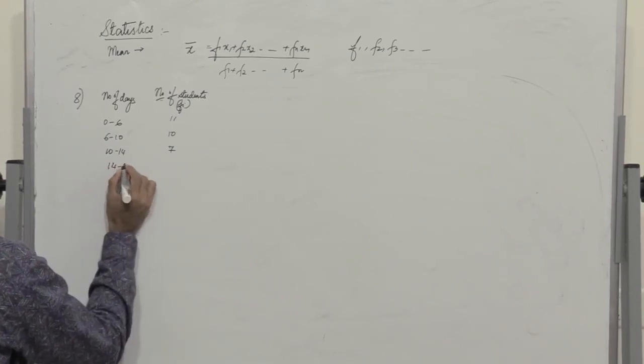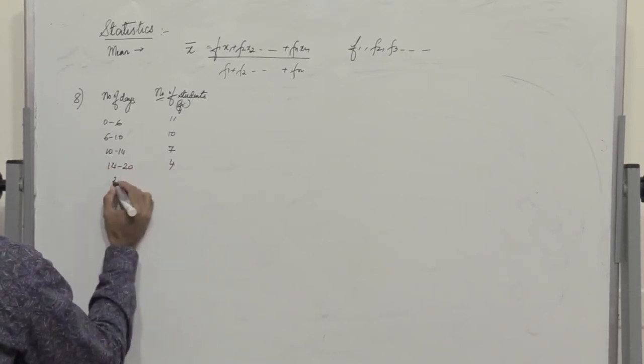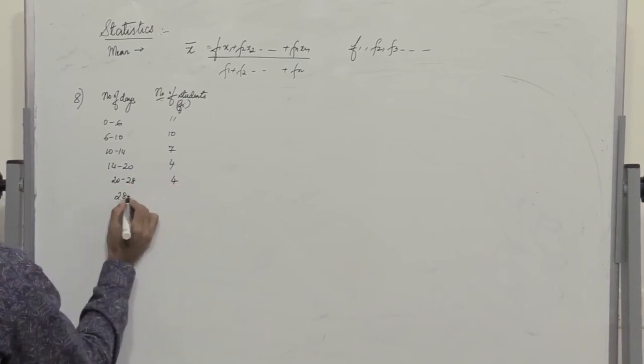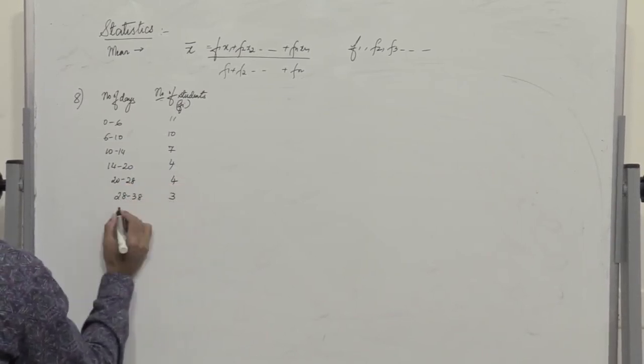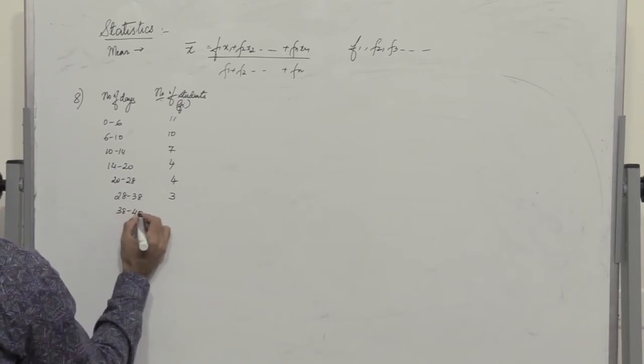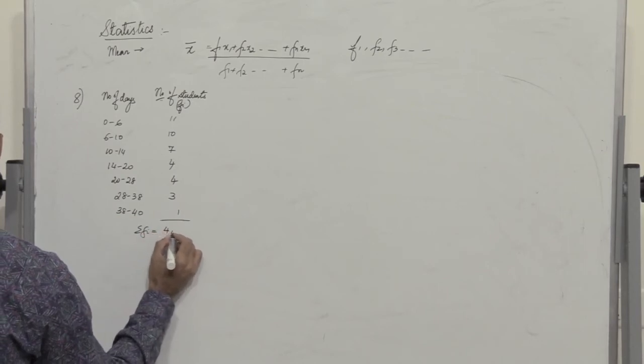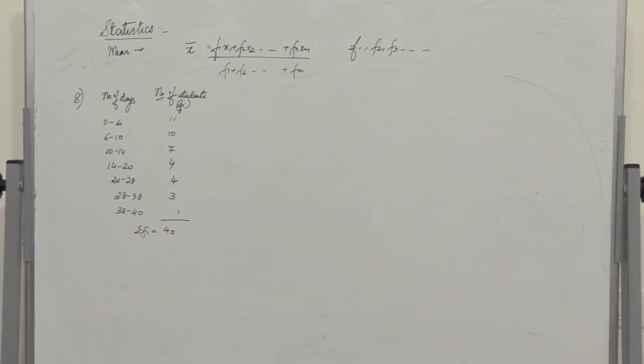And then 14 to 20 we have 4, and 20 to 28 we have 4 again, and 28 to 38 we have 3, and 38 to 40 we have 1. So the total number of students is of course 40. So this is for the entire academic year probably.